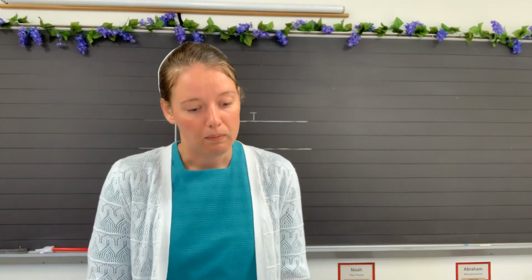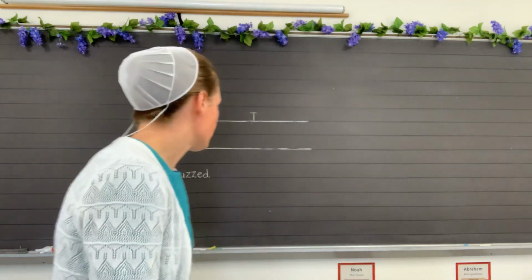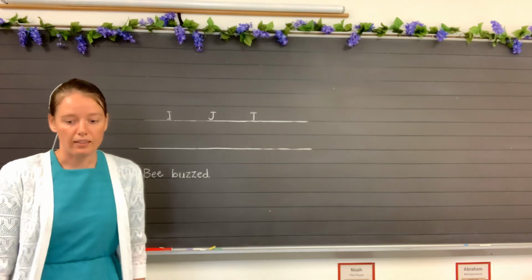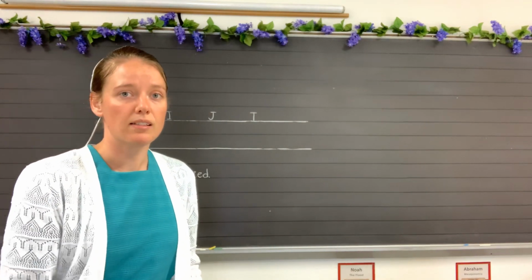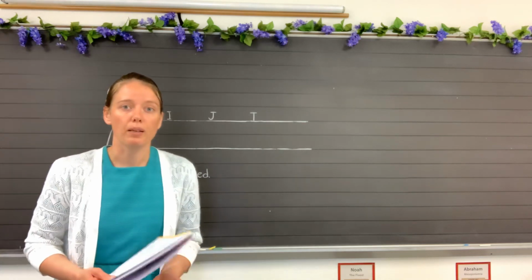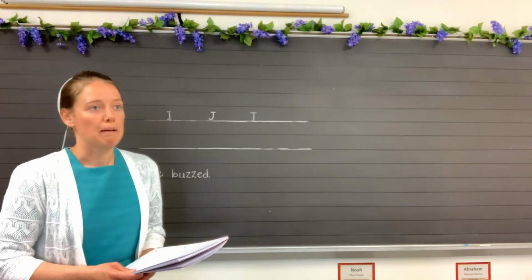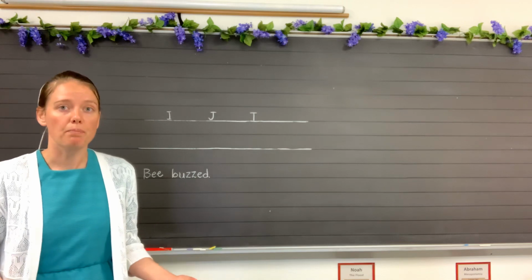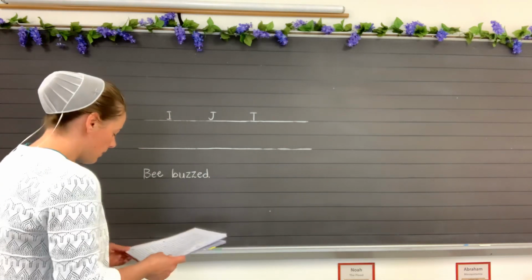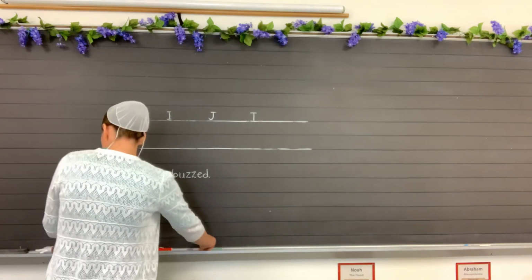Okay, so let's think about this sentence here on the board. We have a sentence, bee buzzed. Now that sentence needs some more words to it. So let's add some more describing words, or let's think about where the bee buzzed, or what kind of bee. So let's think about maybe this sentence.